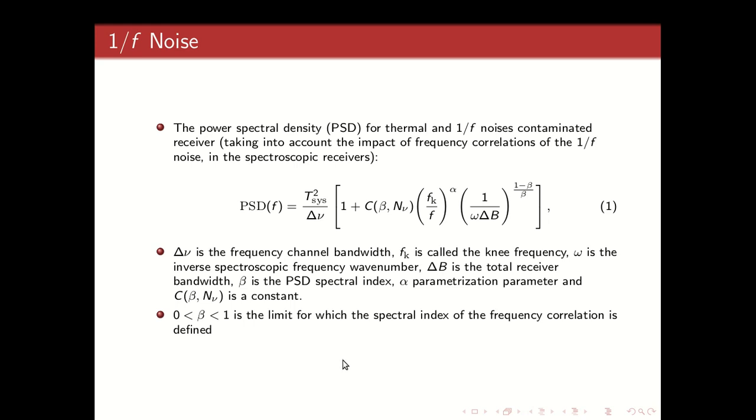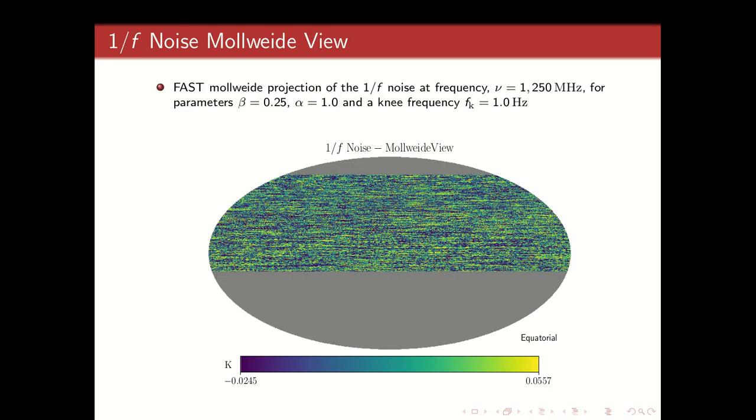When beta equals 1, this means noise is uncorrelated in frequency, and for beta equals 0, noise is correlated in frequency. This is a simulation of 1/f noise projected in the equatorial plane as a Mollweide view. 1/f noise has features that look more or less the same as the neutral hydrogen signal of our interest.